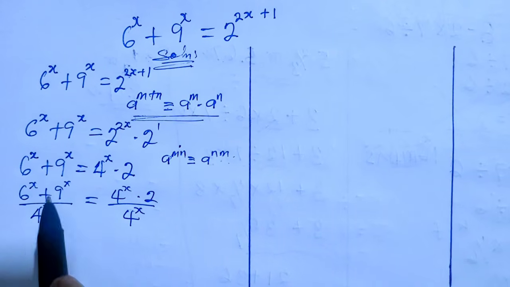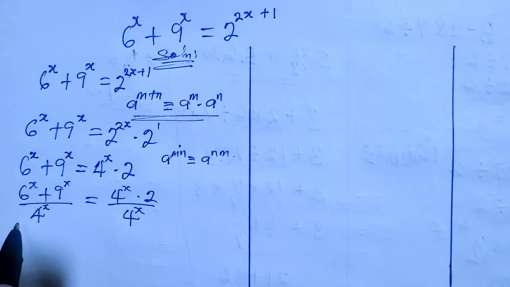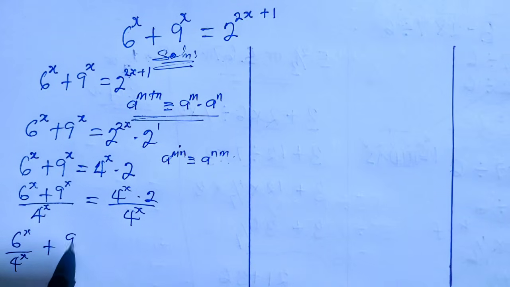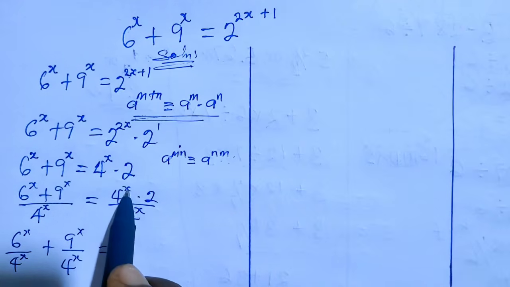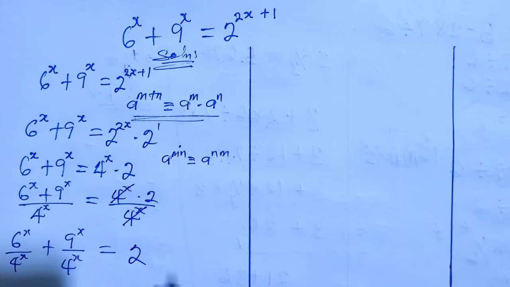Then we distribute this denominator to each of the numerator, and the left-hand side becomes 6 to the power of x divided by 4 to the power of x plus 9 to the power of x divided by 4 to the power of x equals, here 4 to the power of x will eliminate 4 to the power of x, and we have a 2.